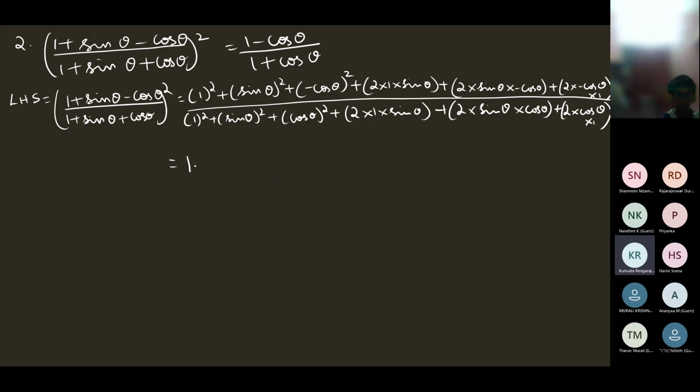So that gives us 1 plus sine square theta plus cos square theta, because minus cos theta into minus cos theta is plus cos square theta, plus 2 sine theta plus 2, oh sorry, minus, because there's a minus in the bracket there.